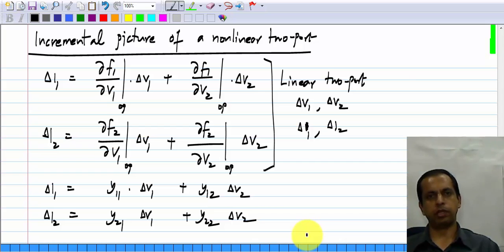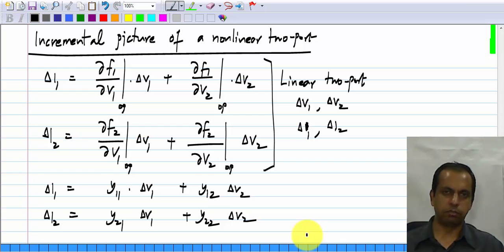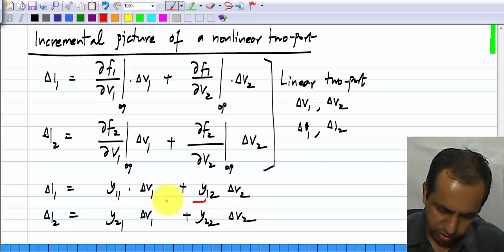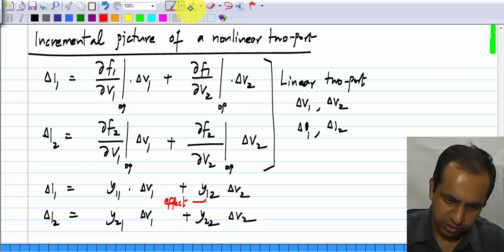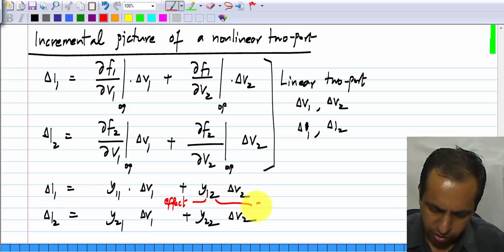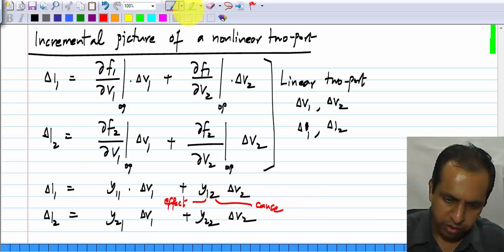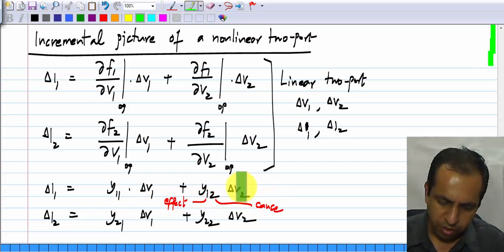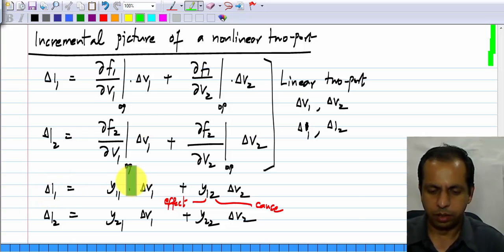Sometimes you express them in matrix form as well, and the notation is Y11, Y12, Y21 and Y22, where the first number denotes the effect, that is delta I1, and the second one denotes the cause. So, Y12 relates the effect of delta V2 on delta I1.